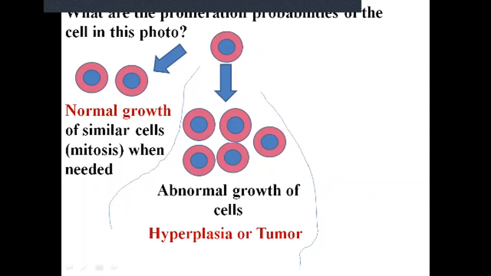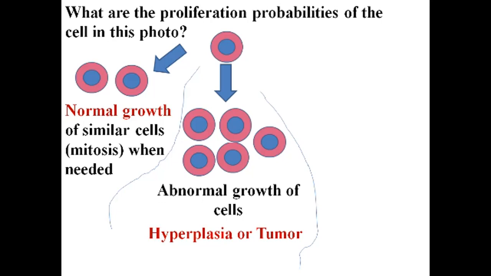Hyper means increased. Plasia means growth. Increased growth. By hyperplasia, we mean increased number of cells. So we have two disease categories or two pathologies in which cells increase in number but maintain some similarity to the original cell. One is called tumor and the other is called hyperplasia.